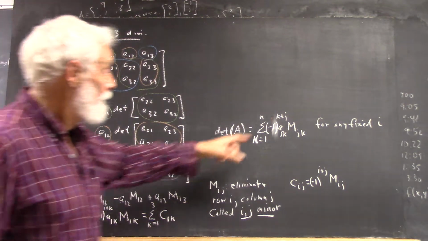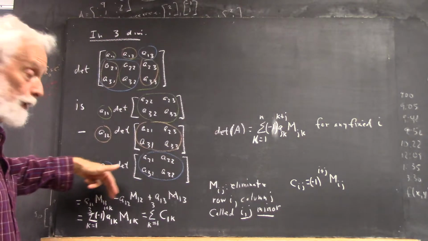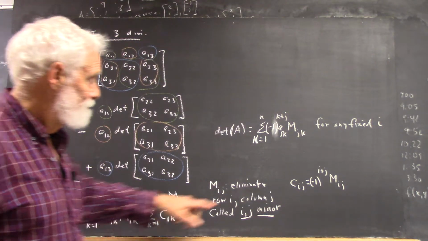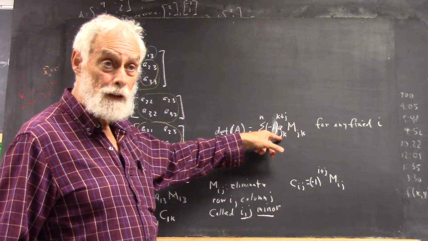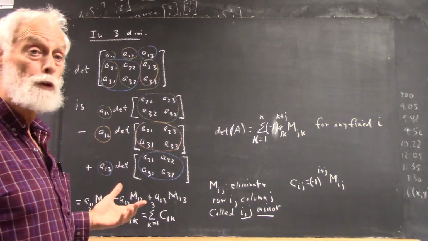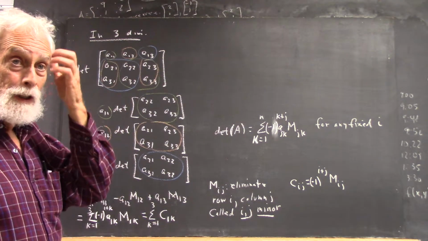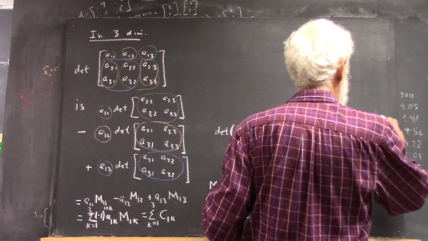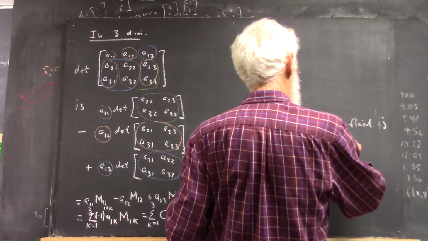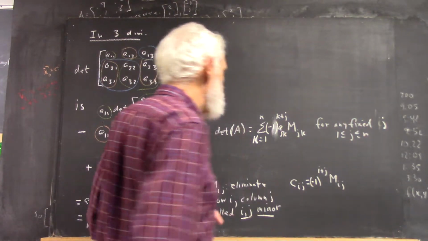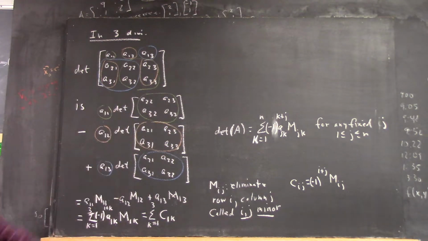If j is 1, then this is k plus 1, which is, of course, the same as 1 plus k. And A1k, well, if j is 1, that's what we got, right? And it'd be M1k. But we could do it for j equals 2. Okay? So I say for any fixed j, if I had written j, it would make more sense. Any fixed j between 1 and n. Okay?